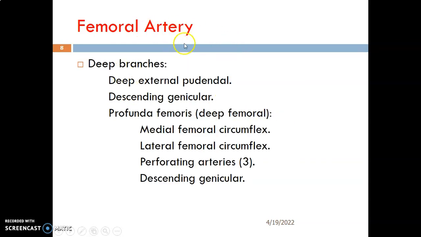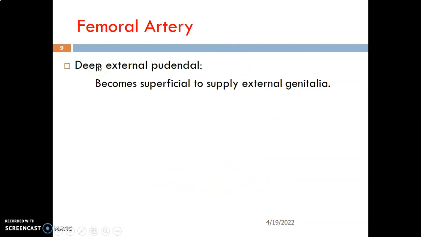What are the deep branches of femoral artery? Deep external pudendal artery. We have a descending genicular branch to the genicular anastomosis. Then we have the deep branches, profunda femoris, okay, that may give medial circumflex, lateral circumflex, and three perforating arteries. And we may also have a genicular branch from this deep femoral.